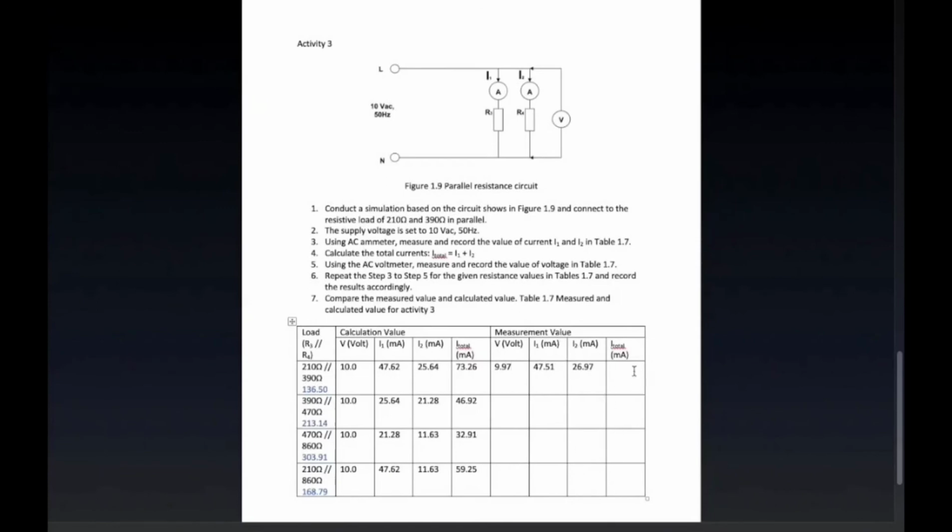And now we need to find our I total, which is I1 plus I2. After that, I get 74.48 milliamp. Then I will be doing 390, 470 and so on.